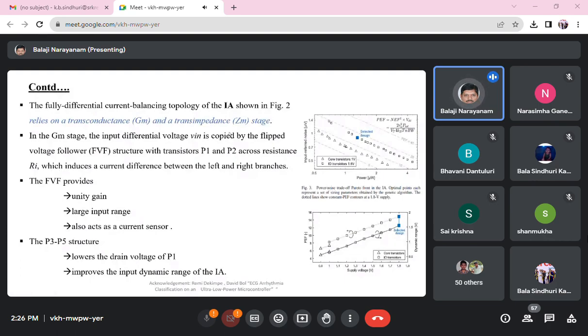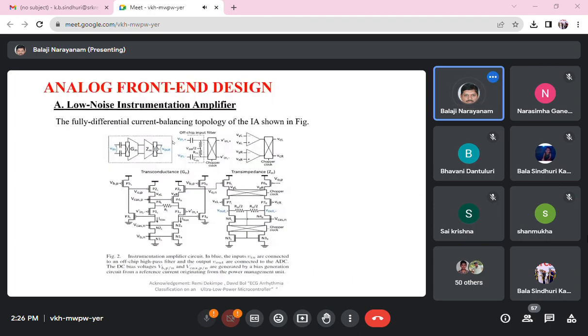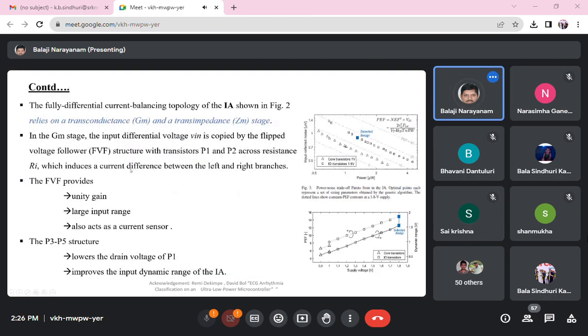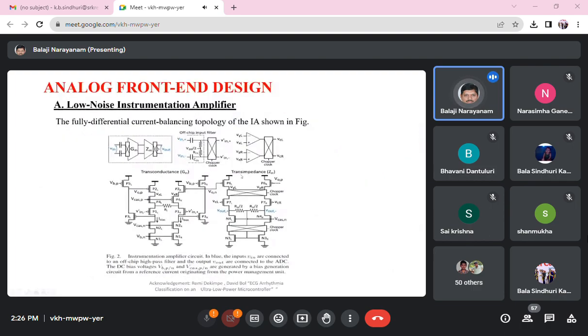So why these stages? In the GM stage, the input differential voltage is copied by the flipped voltage follower structure with transistors P1 and P2 across resistance Ri. You can observe the transistors P1 and P2 here, with Ri being the resistance.